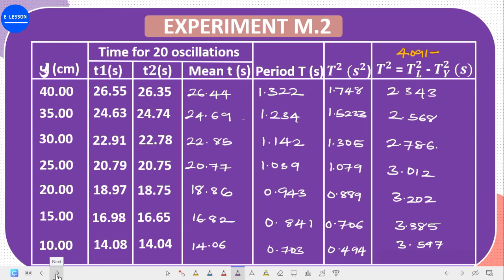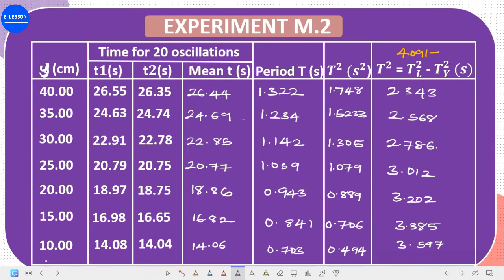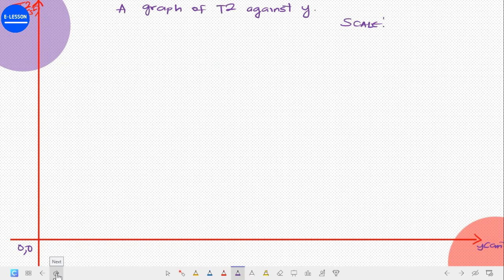So we can say let 1 cm represent 5 units on the x axis, and on the y axis, which is t square, we can say let 4 centimeter represent 1 unit, so that we have enough space to put in our values.